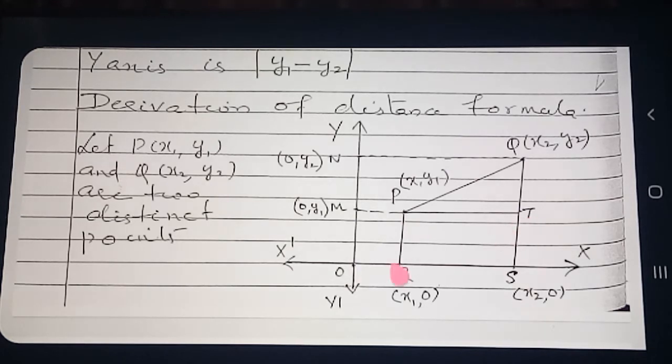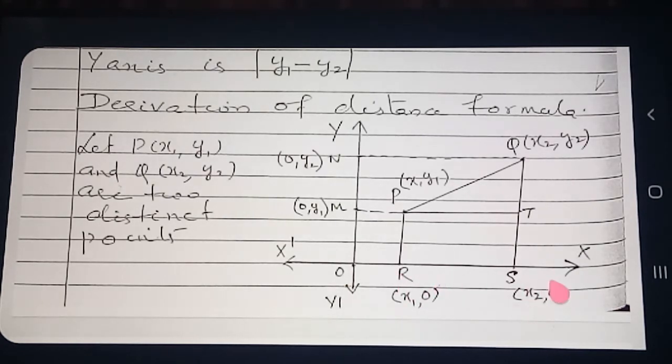Can you find out PT? You see here. What about R and S? What is the number corresponding to R? x1. What is the number corresponding to S? x2. But R and S are lying on which line? They are lying on the x-axis. So what is the distance between these 2 points? Either x1 minus x2. Here it is very clear that x2 is greater than x1, therefore we can write x2 minus x1 also.